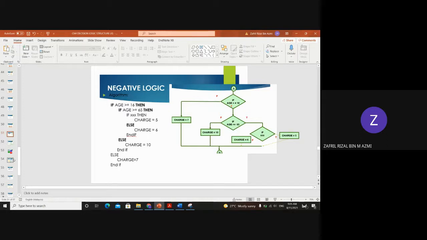But if let's say the question doesn't mention any negative, positive, or straight to logic, it's up to you. Okay, you may write down negative, positive, or straight to logic. It's up to you. But the best way is to use positive lah. Always use positive if the question doesn't mention any logic specifically. Okay.